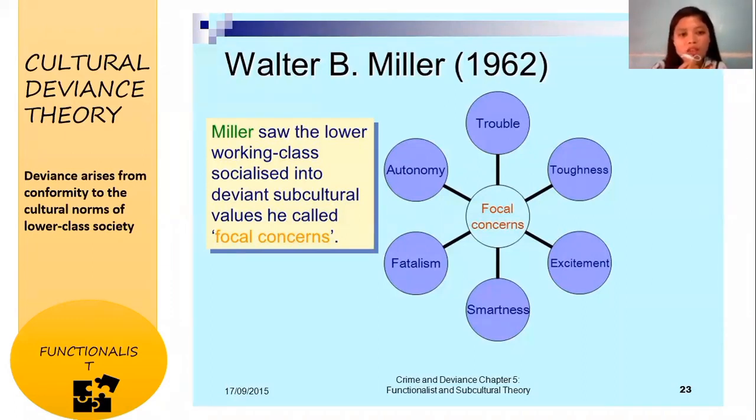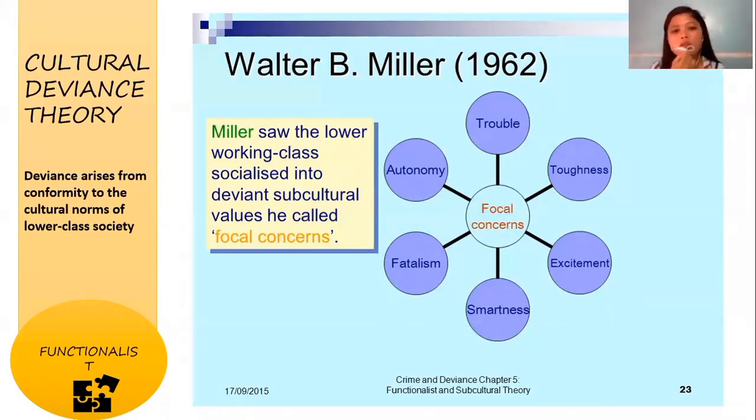These deviant subcultural values are called by Miller focal concerns. So what are these focal concerns? We have trouble, toughness, excitement, smartness, fatalism, and autonomy.